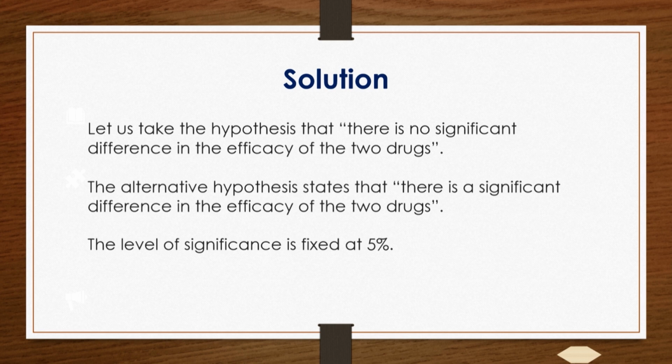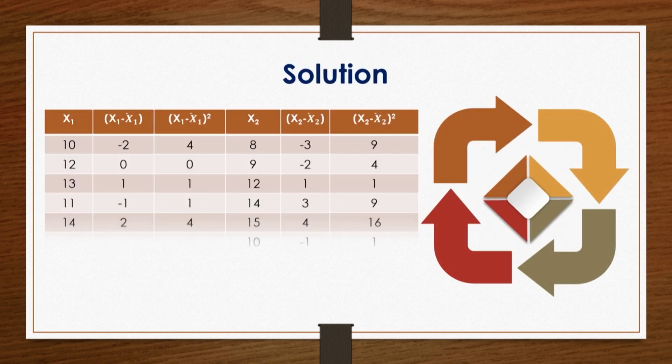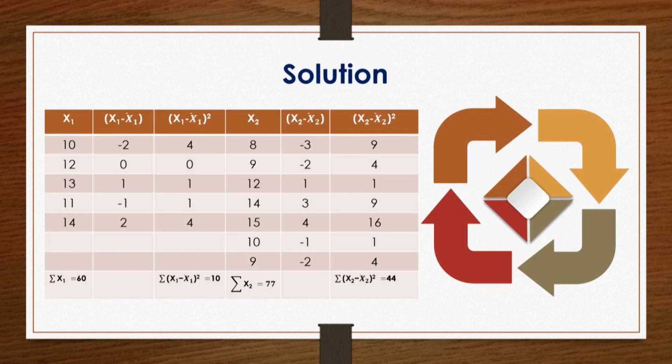Let us take the null hypothesis that there is no significant difference in the efficacy of the two drugs. The alternative hypothesis states that there is a significant difference in the efficacy of the two drugs. The level of significance is fixed at 5%, or 0.05. Solution. For this, we calculate x1 and sum up, that is, summation x1 equals 60.